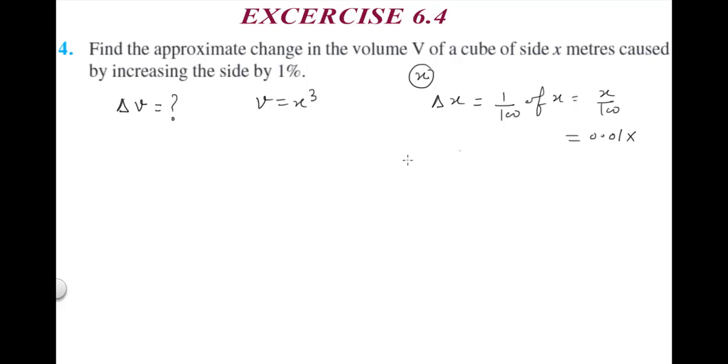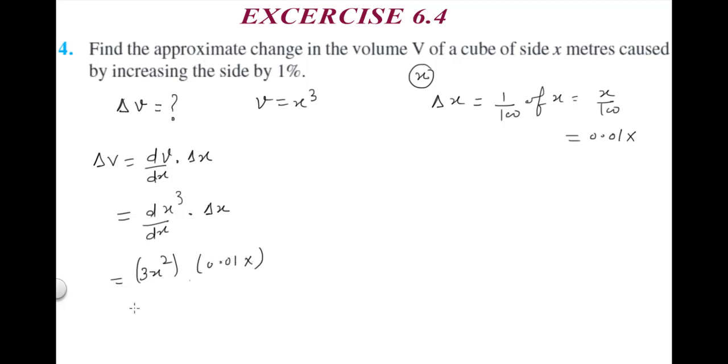Now how do we calculate delta V? Delta V will be calculated as dV by dx into delta x, right? As we were doing dy by dx into delta x. Now what is the formula for volume? x cube, multiplied by delta x. The derivative of x cube is 3x square, and delta x is 0.01 x.